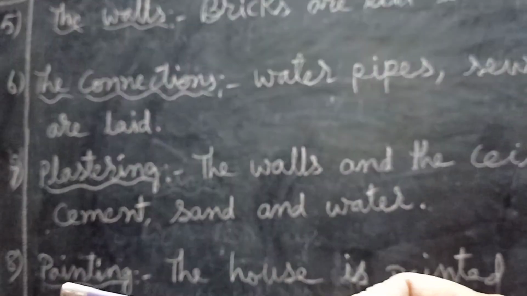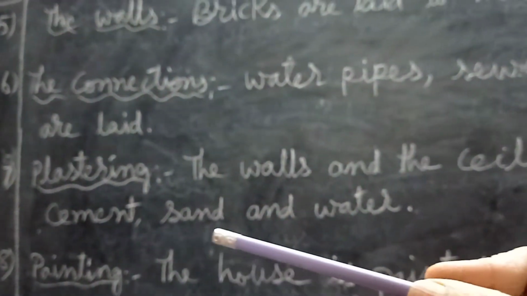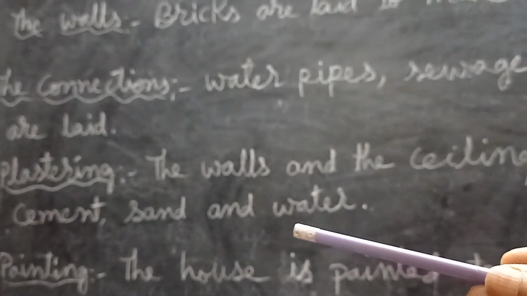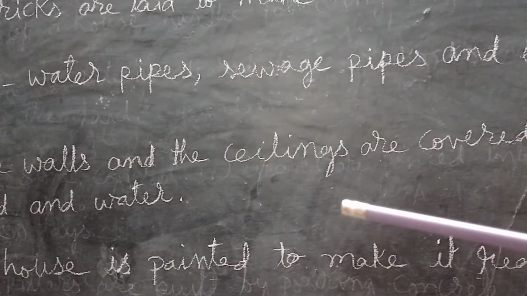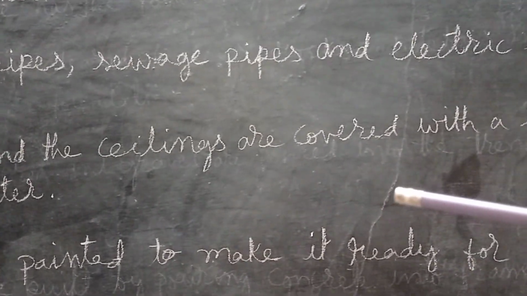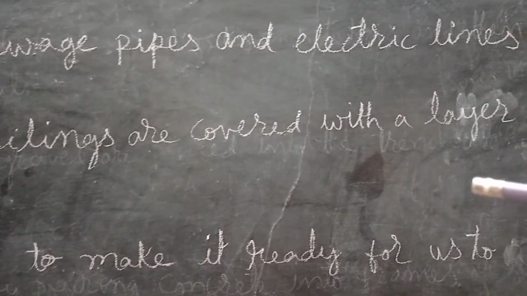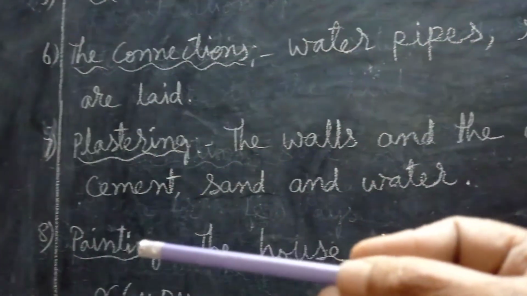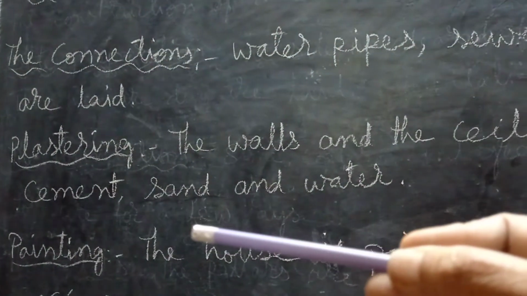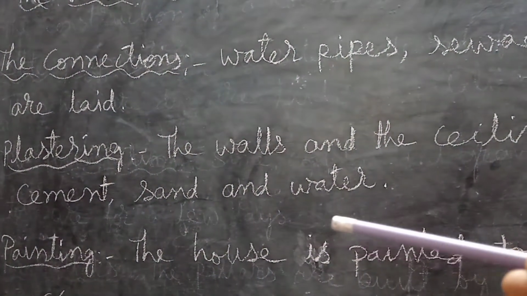Plastering. The walls and the ceilings are covered with a layer of cement, sand and water.